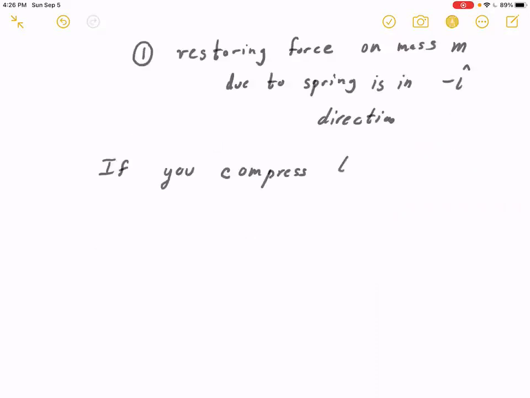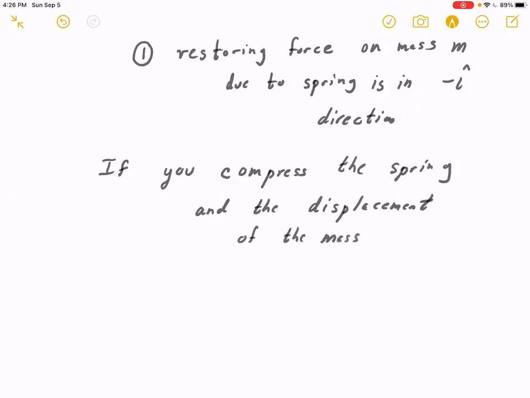Now consider the case where you compress the spring and the displacement of the mass, but now you're displacing it by a factor u that is negative with respect to the equilibrium position.